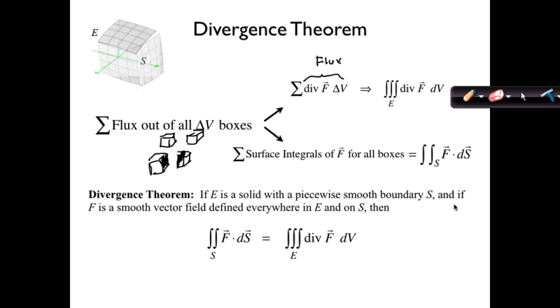Okay, what kind of theorem is this? Does it look familiar? Divergence is rate of change, right? So it's like the accumulation of flux throughout the interior, calculated by using the rate of change throughout the interior, is equal to the overall flux at the boundary.